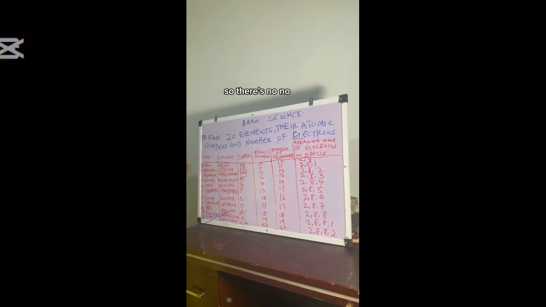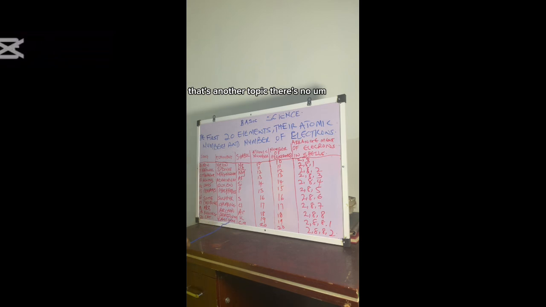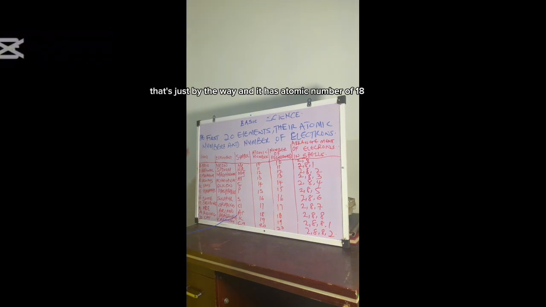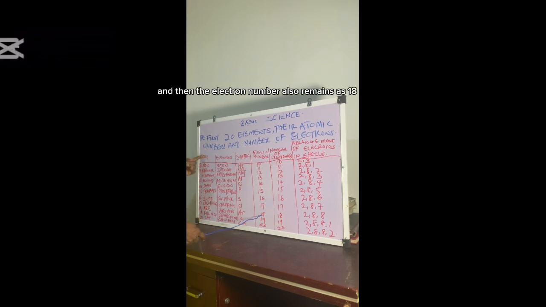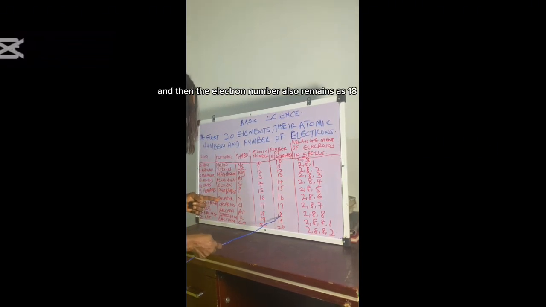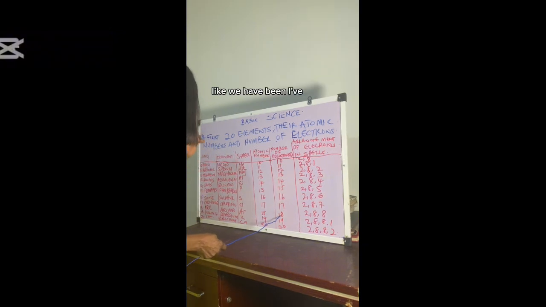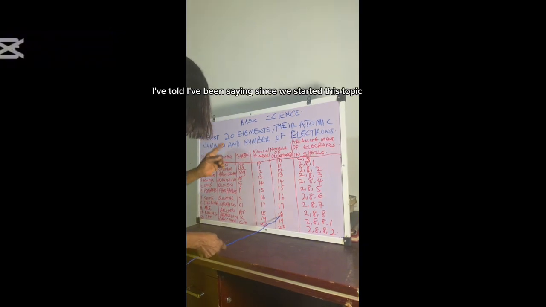There is no provision for reaction for noble gases. So argon is a noble gas, and it has atomic number 18, just like the serial number, and the number of electrons also remains 18.